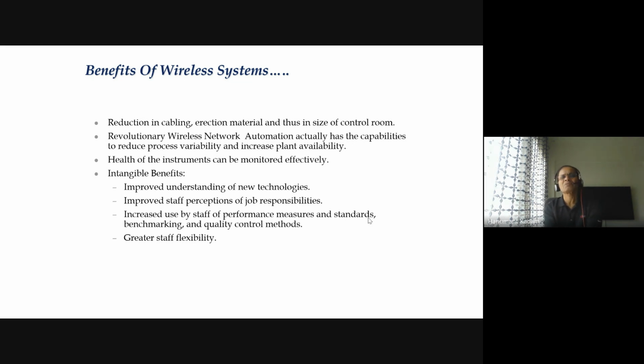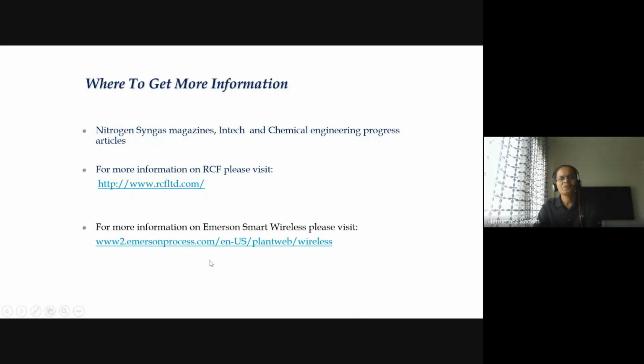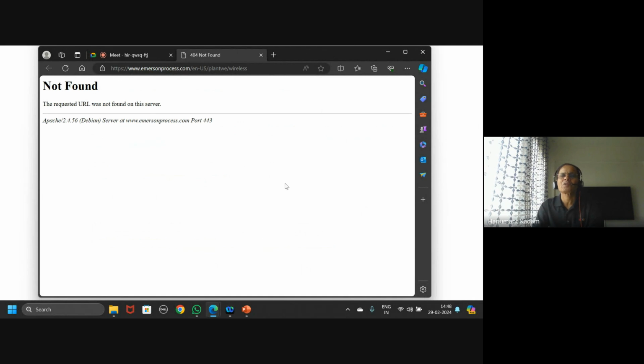So this helps tank level monitoring. Even pipelines passing through very remote areas are monitored through wireless. I think you'll get more information on this nowadays.